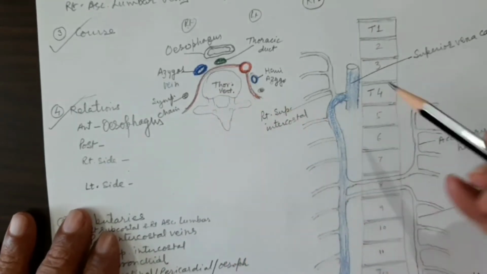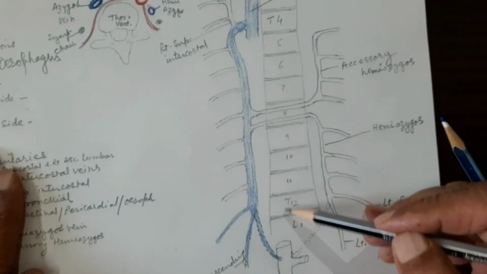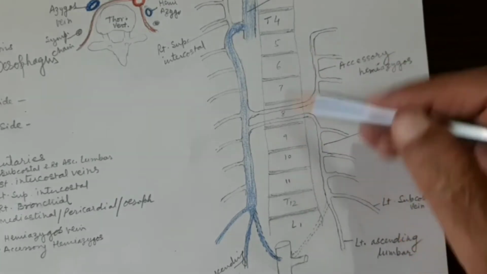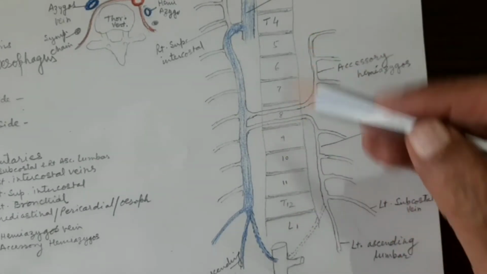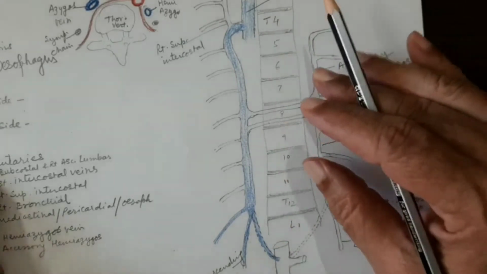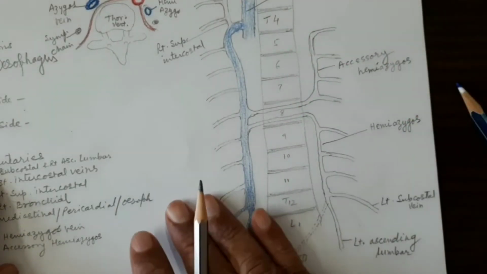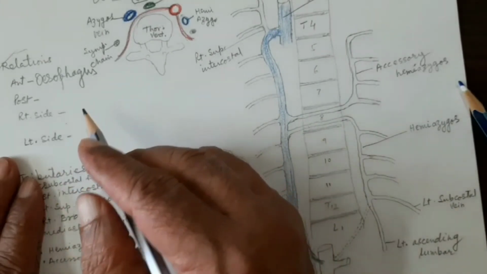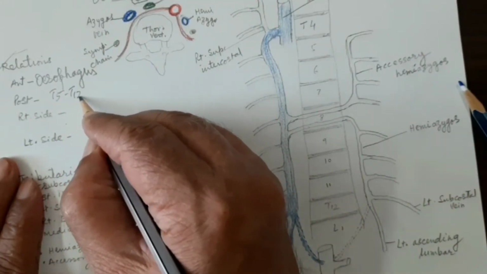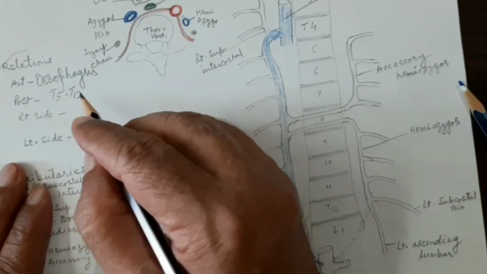This is the thoracic vertebral column. Right from its opening, ascending into the posterior mediastinum, it lies in front of the vertebral bodies and the intervertebral disc. So posteriorly it is related to T5 to T12 thoracic vertebrae.